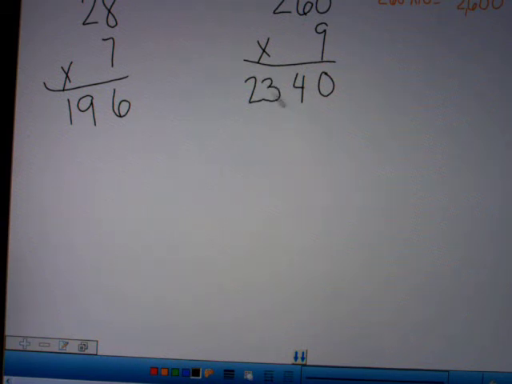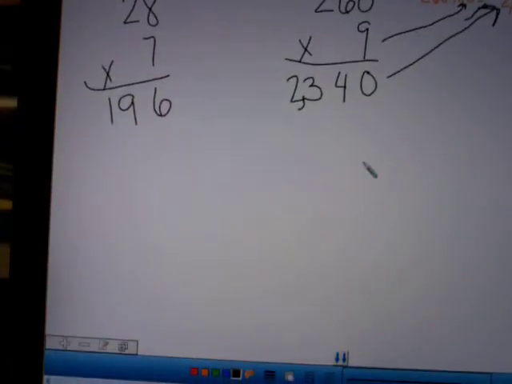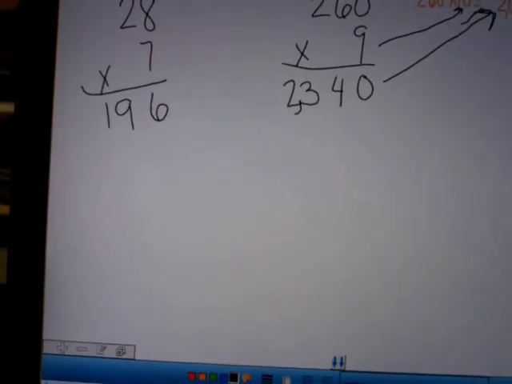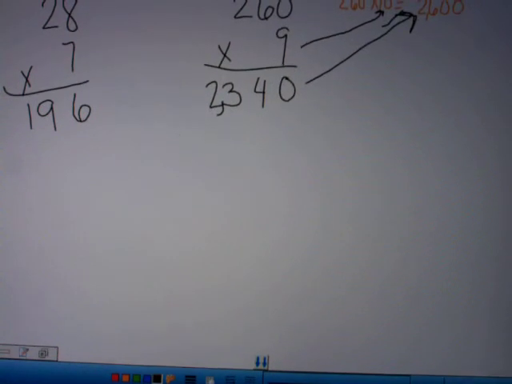So I have 2,340 people ride 9 times, and if I compare it to my estimate, yes, it's less than my estimate, but if you notice, I increased my estimate by one whole group, and I bet if I add another 260 people, I'll get 2,600. It's kind of fun how it works like that. And sorry for the camera shaking like crazy.